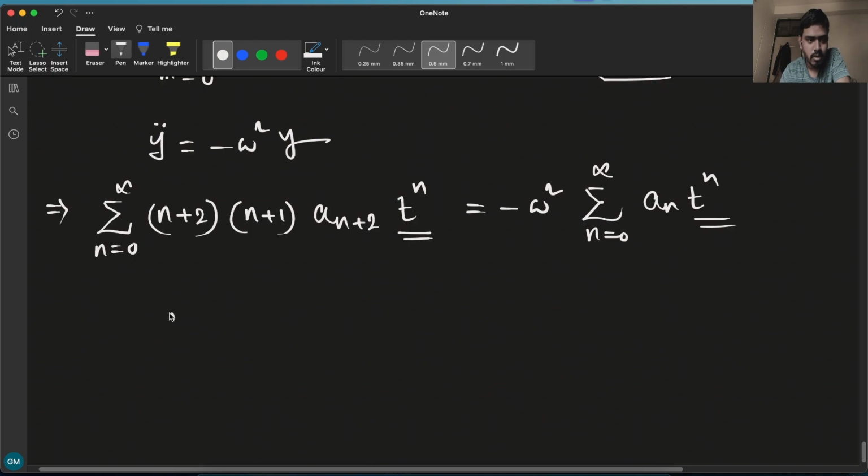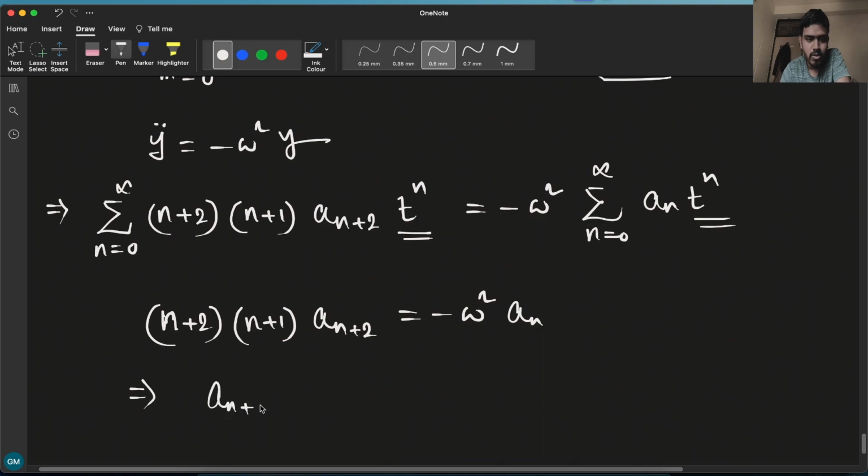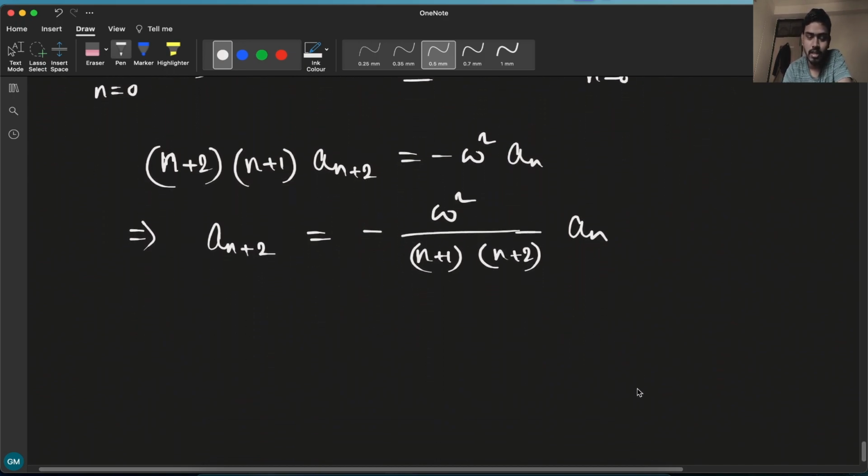If I compare the coefficients, then it will be (n plus 2)(n plus 1) a_{n+2} equals minus omega square a_n. It implies a_{n+2} equals minus omega square divided by (n plus 1)(n plus 2), times a_n.